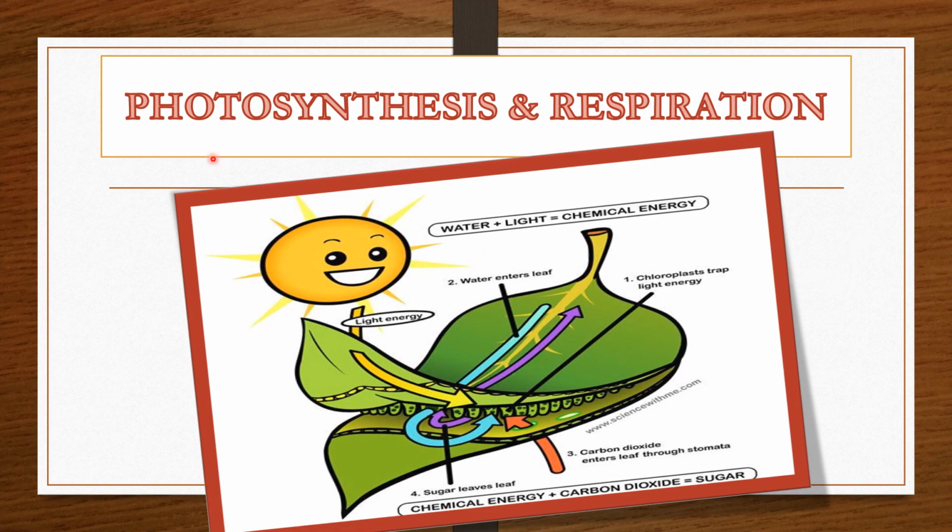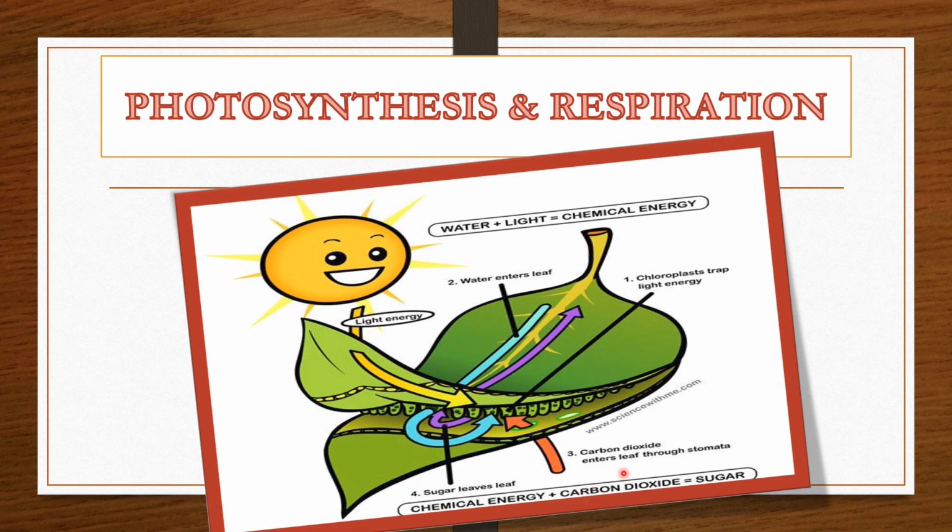Now, the last topic of this chapter, that is photosynthesis and respiration. See the diagram. In case of photosynthesis, that means the daytime, this is light energy comes from sun, water enters leaf, chloroplast trap light energy, here sugar leaves leaf, like this, it is going by arrow and then it will go outside by purple arrow, it has been shown.